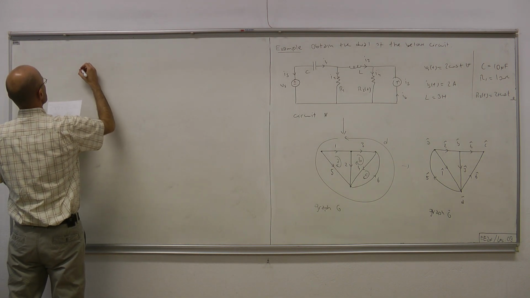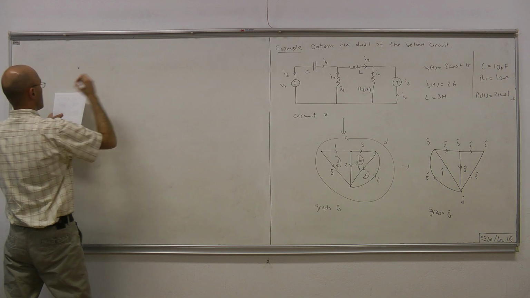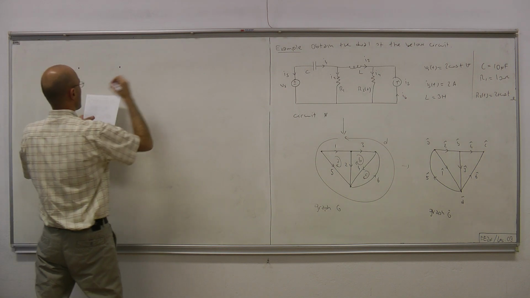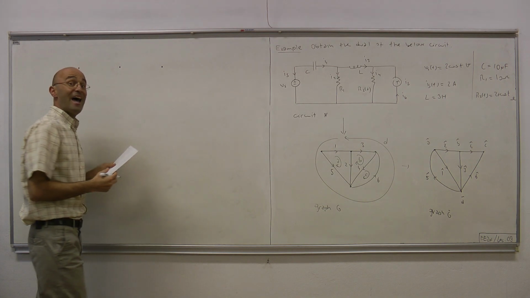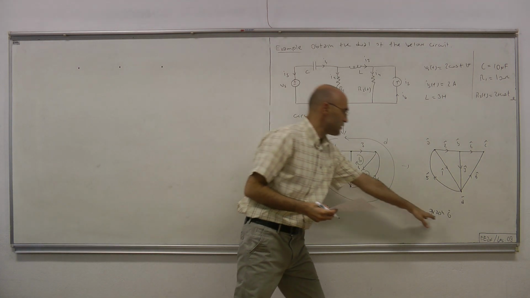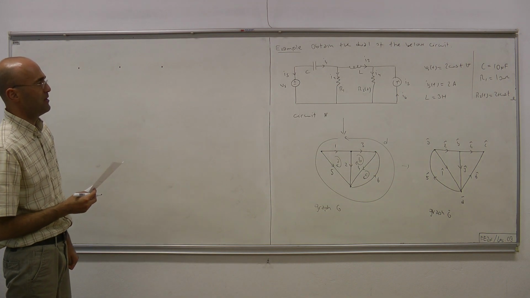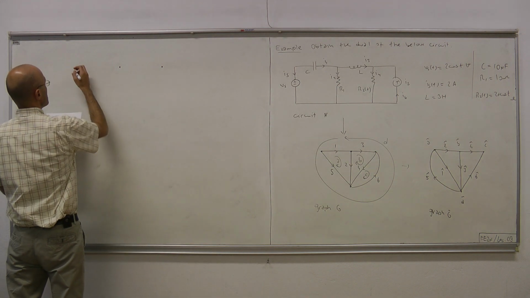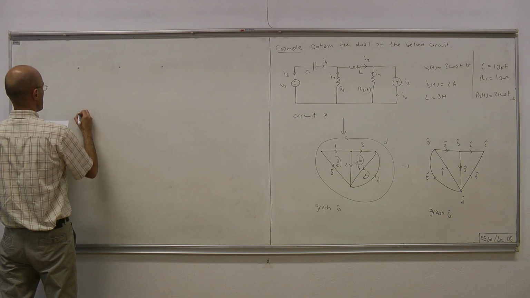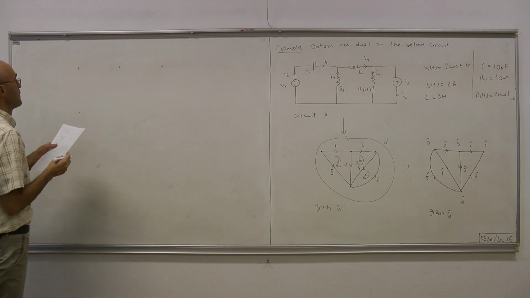Now circuit N hat, we have graph G hat, okay? And the nodes are labeled as such, A hat, B hat, C hat and D hat. So let me put those nodes here, okay?